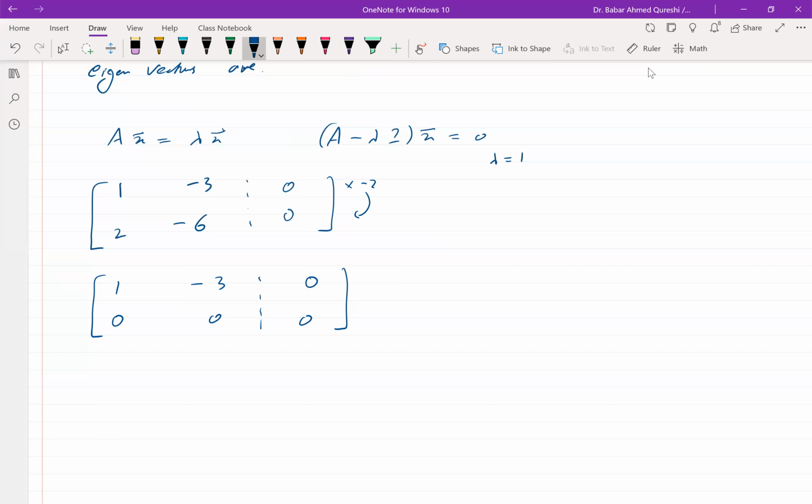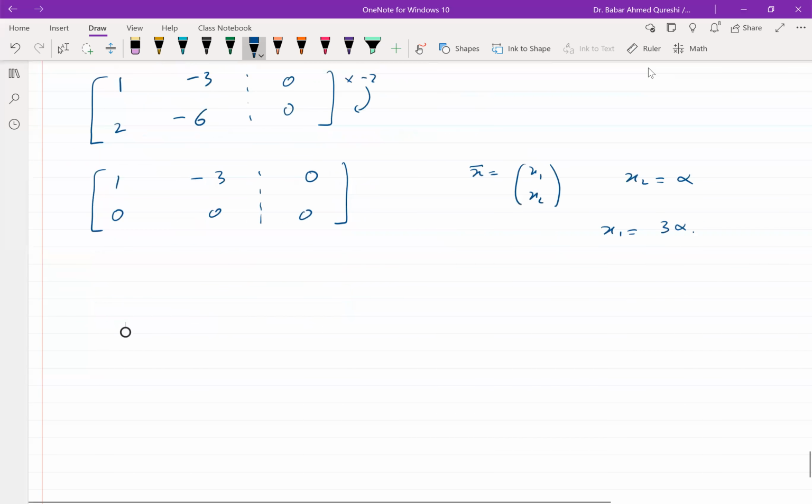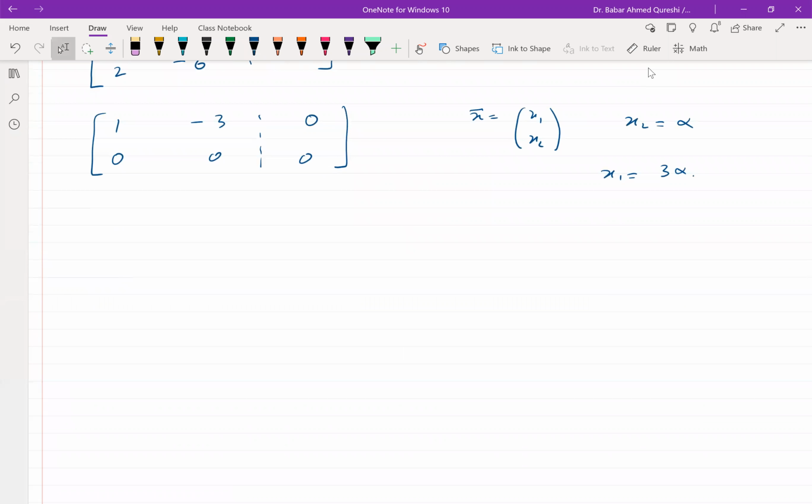So x2 is free and x1 is 3 alpha. I can choose alpha to be 1, so this would be one possible eigenvector.